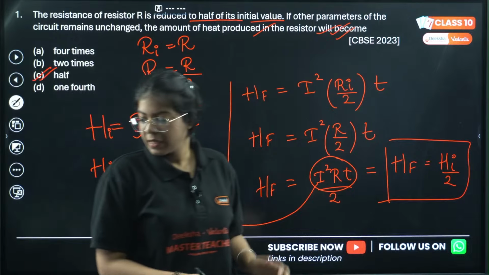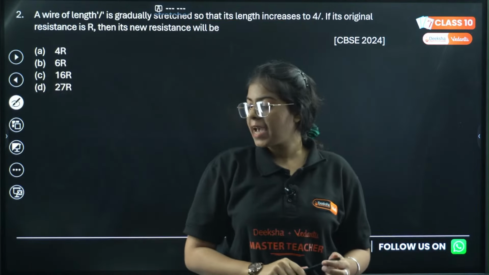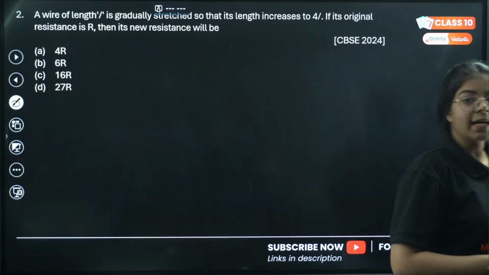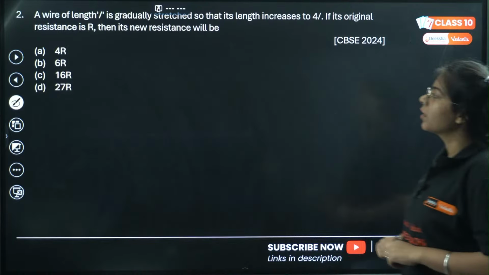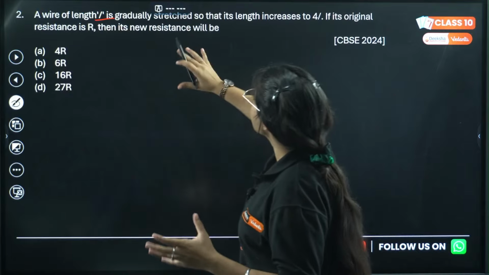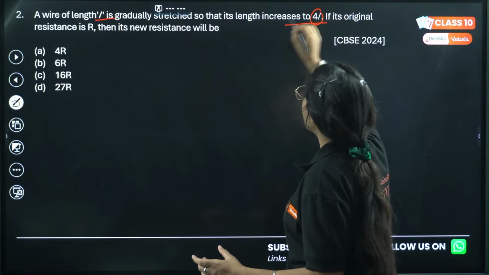Okay, let's move on to the next question. Read it carefully and calmly. Second question, read it carefully. A wire of length L is gradually stretched so that its length increases to 4L.